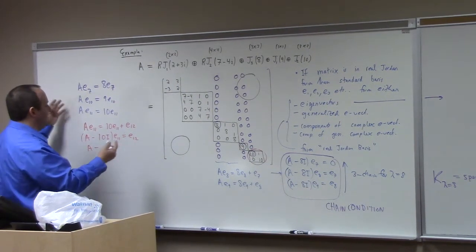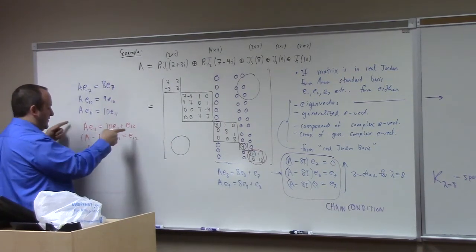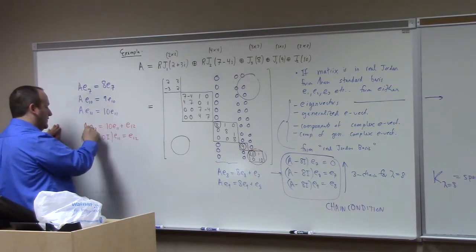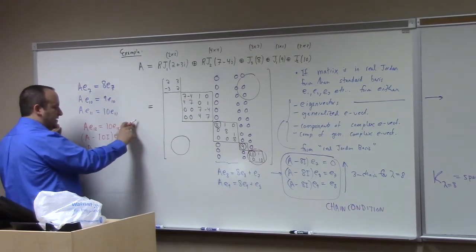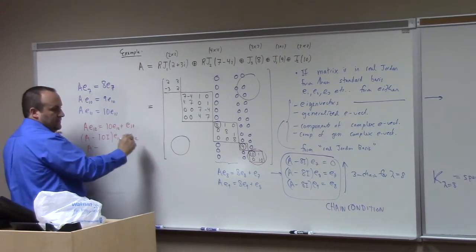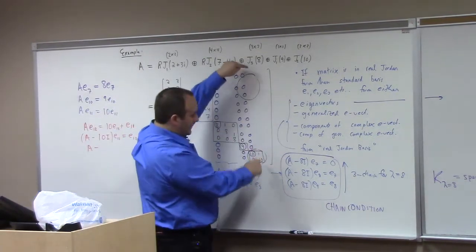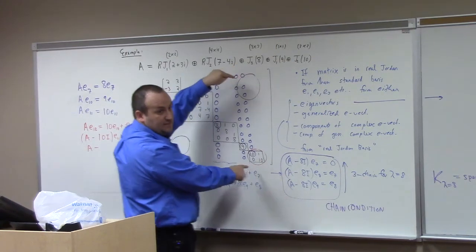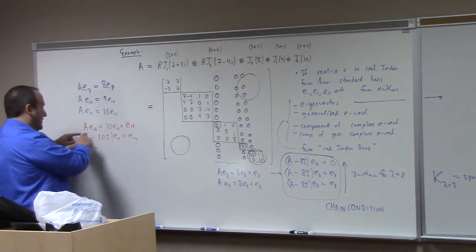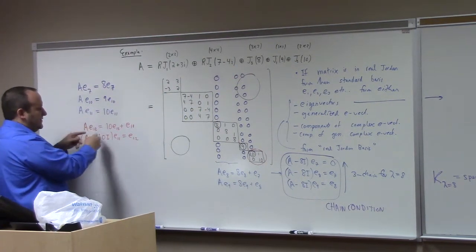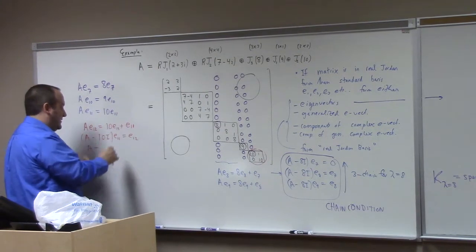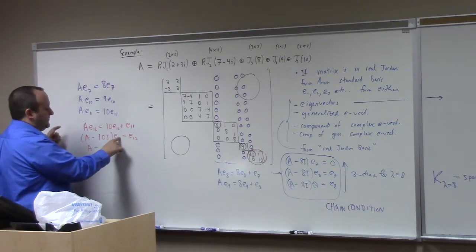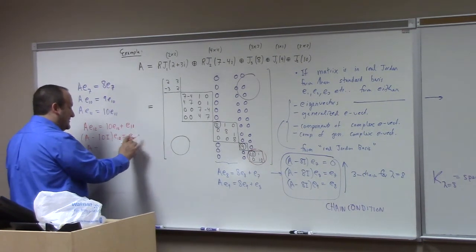What should I write here? This is backwards, right? It's the 12th one. I should say AE12 equals 10E12 plus E11, right? If you look at this last column, it's 1 copy of E11 plus 10 copies of E12. So that's why A times E12, that's the 12th column, is 10 times E12 plus E11, which translates into A minus 10I times E12 equals E11.